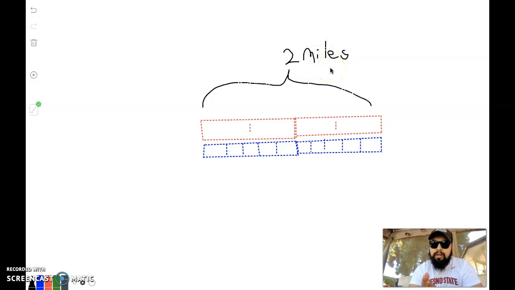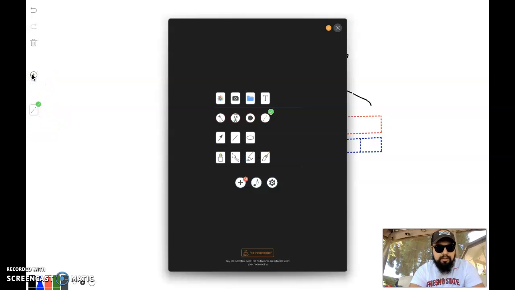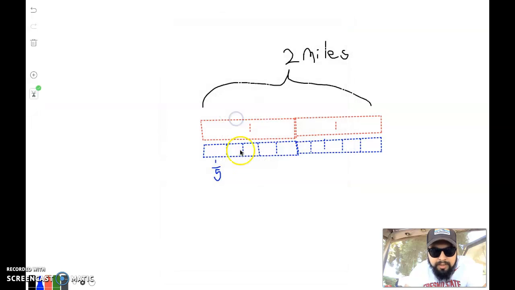She did a total of 2 miles and stopped every 1/5 mile. So each one of these represents 1/5 mile. I'm not going to do it multiple times, but you know what that means.